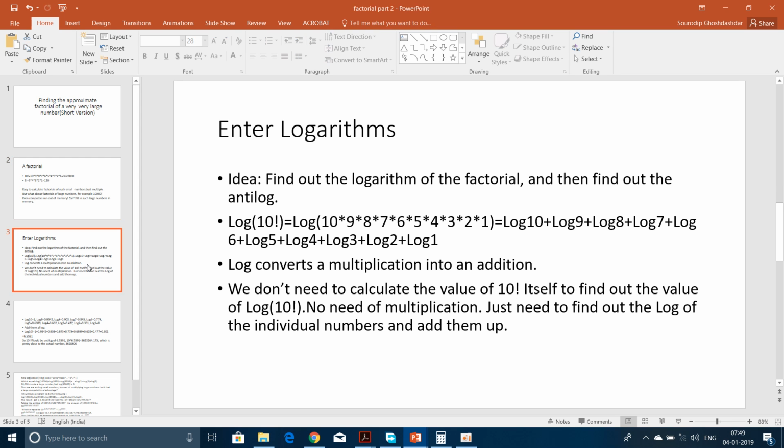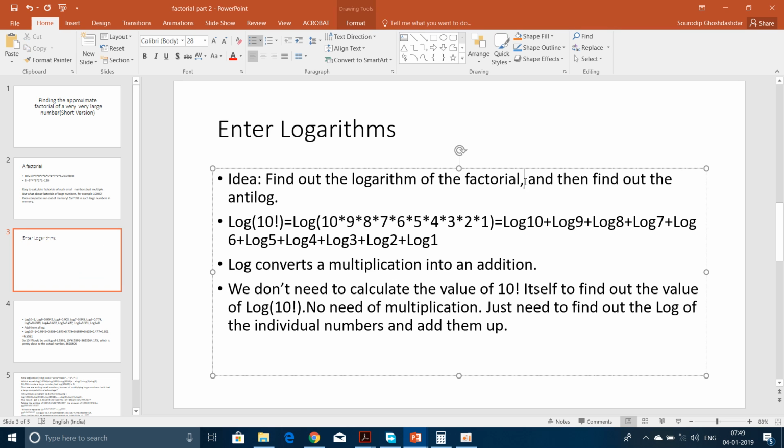So I'll be showing you the idea of the tutorial. First, we would find the logarithm of the factorial, and then after finding the logarithm of the factorial, we would find the antilog. A logarithm has a very special property: it converts a multiplication into an addition problem.